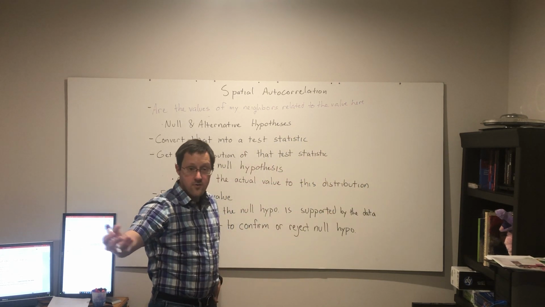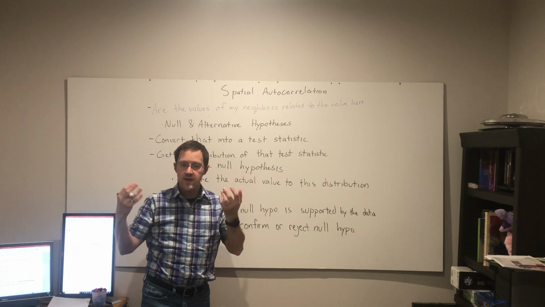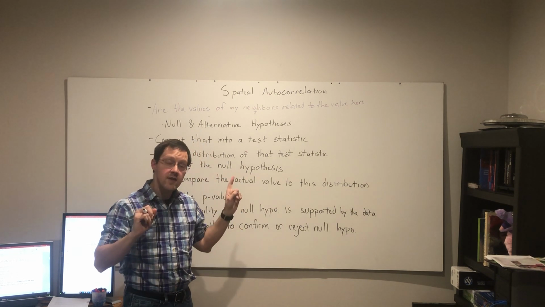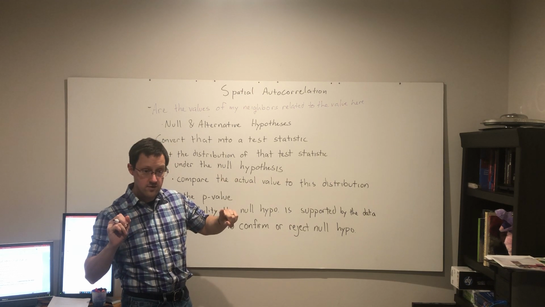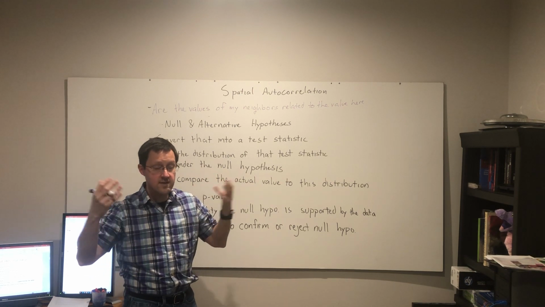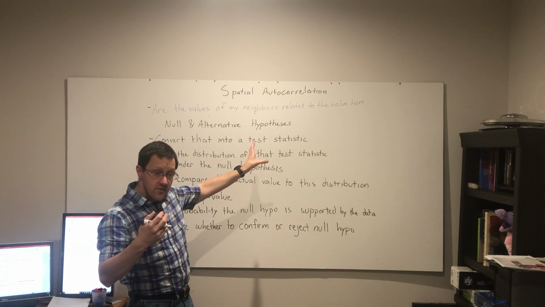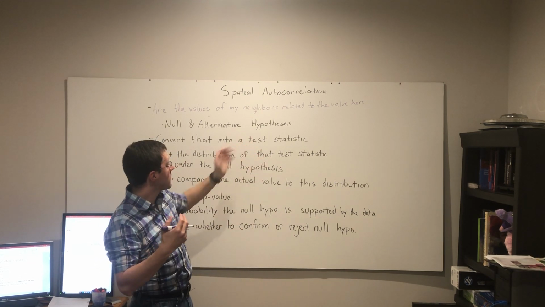Are the values in my neighborhood related to the values here? And I did do a slight change. I said similar to, and just talking like, are the values like here? Versus here it just says, are they related?